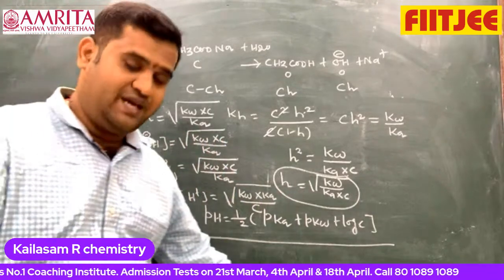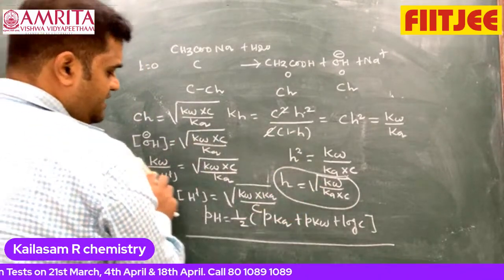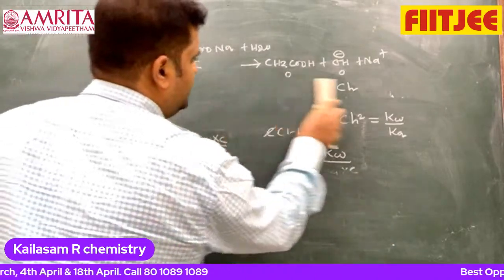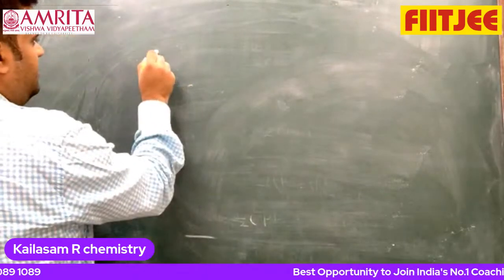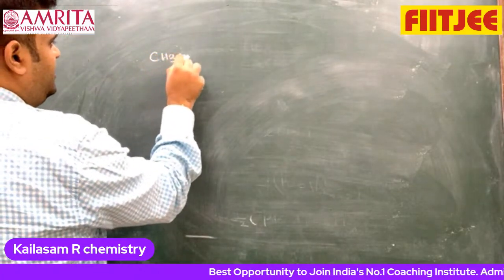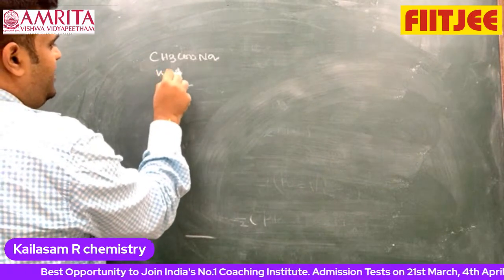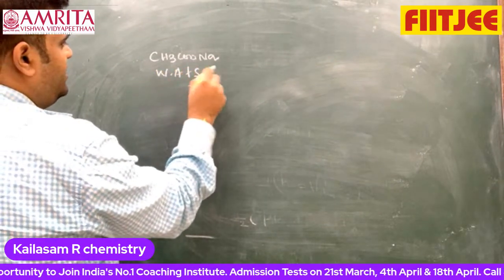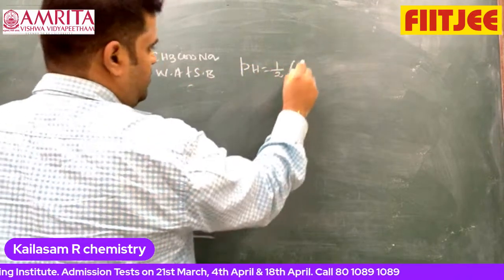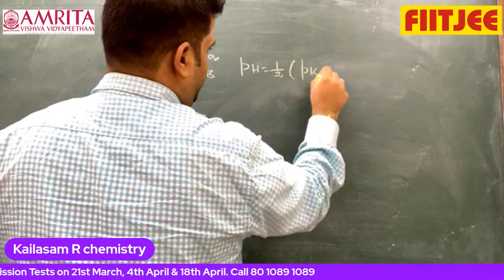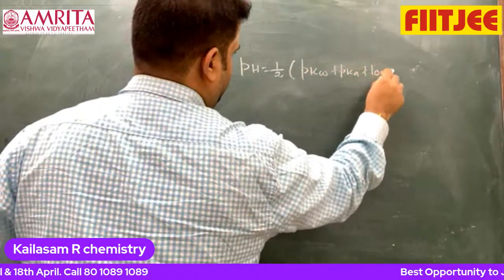So what about the case of weak base and strong acid? Look at that, I'll write it one by one. Now I'm taking CH3COONa, the combination of weak acid plus strong base, and we write pH is equal to 1 by 2 (pKw plus pKa plus log C).